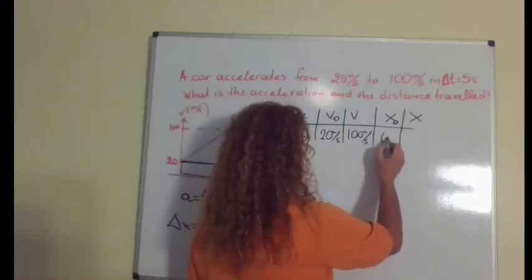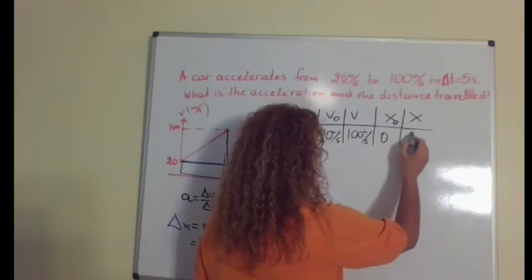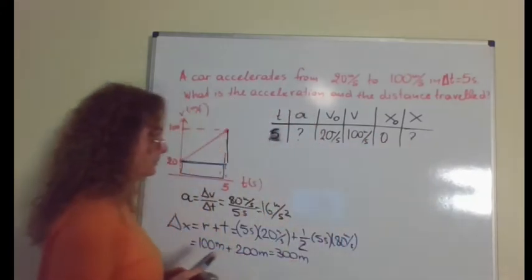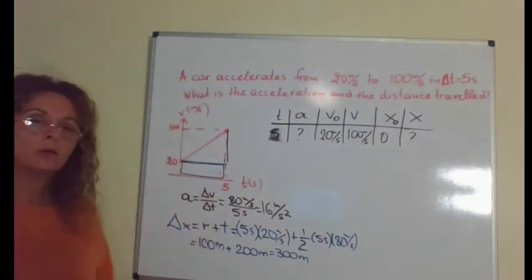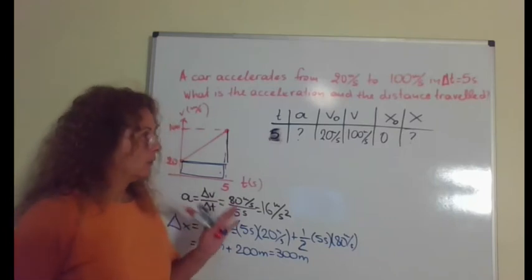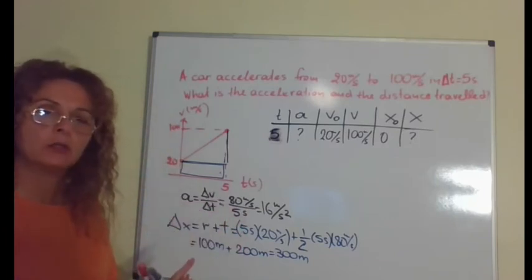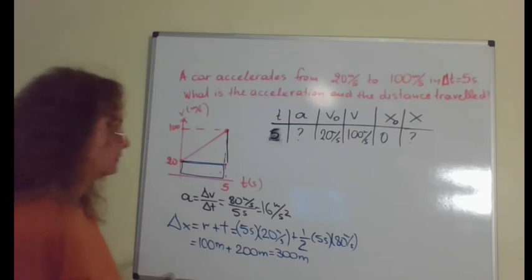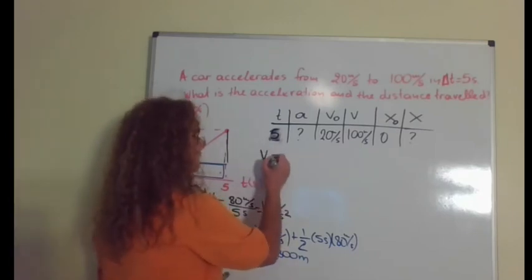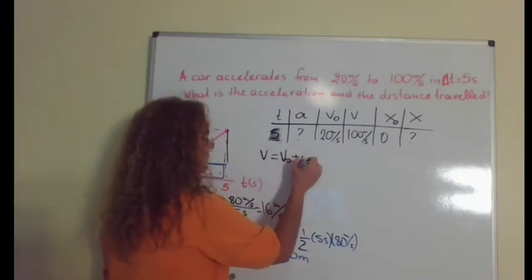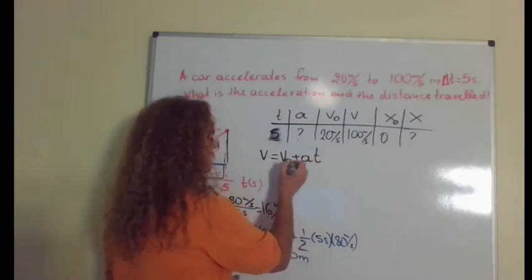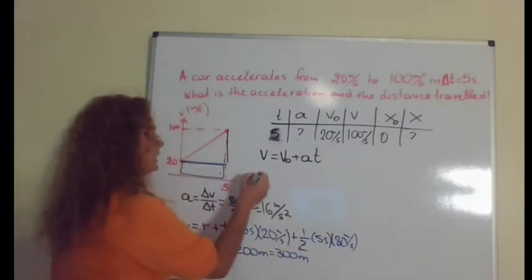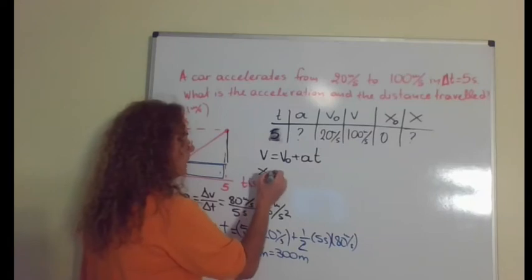No, but let's consider it as 0, so the displacement will give me the final position. So I know 4, I don't know 2. I'm good. I can use my 2 formulas, which are the formula that gives me the final velocity and the formula that gives me the final position.